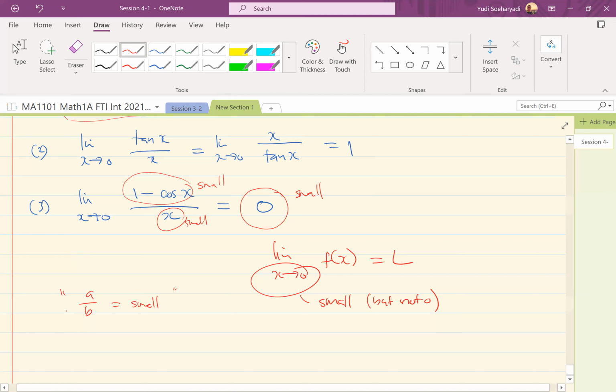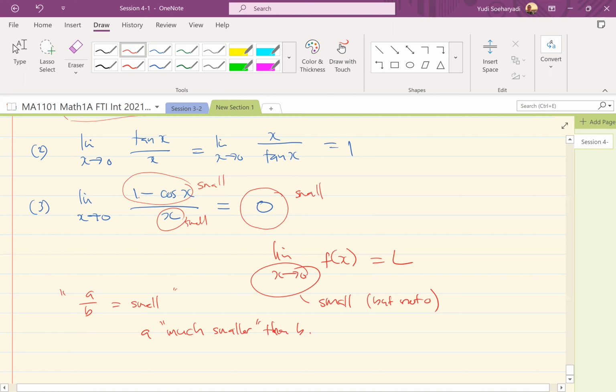Not only smaller, but in this case A is much smaller than B. Like 10 and, say, a million. 10 is much smaller than a million. So in that sense, A is smaller.